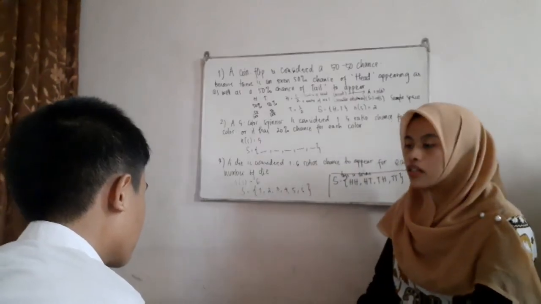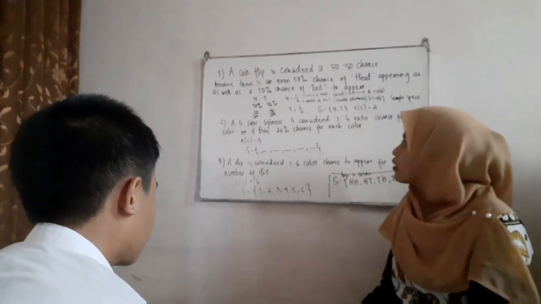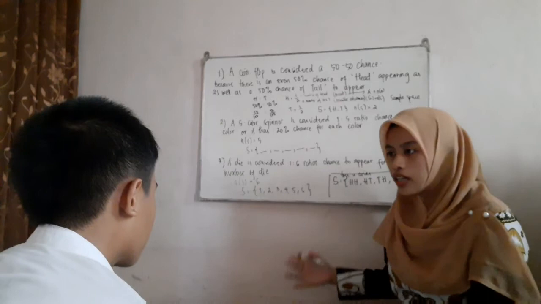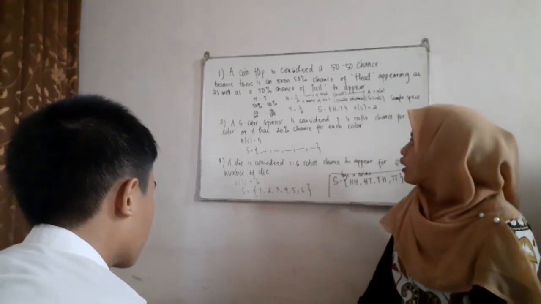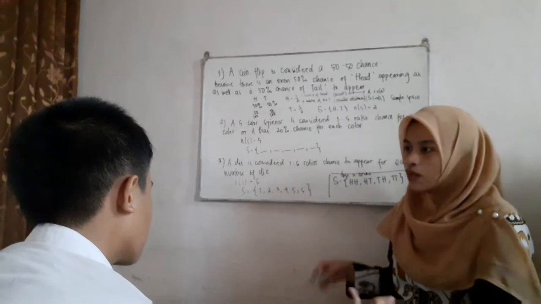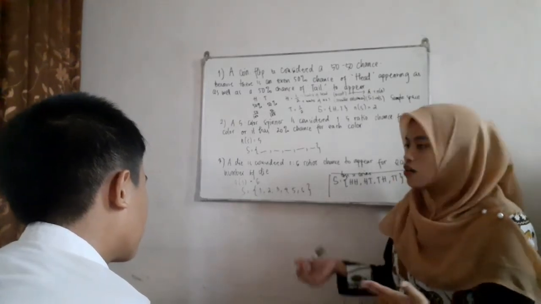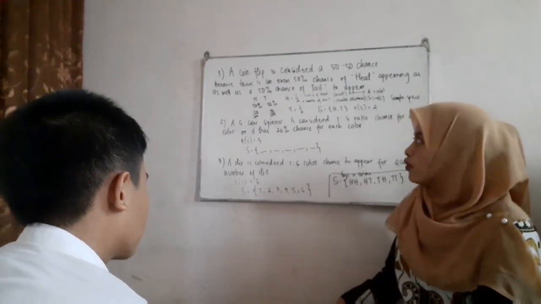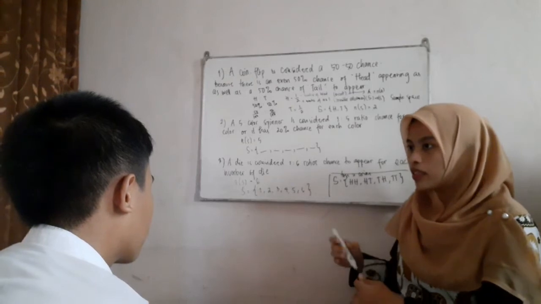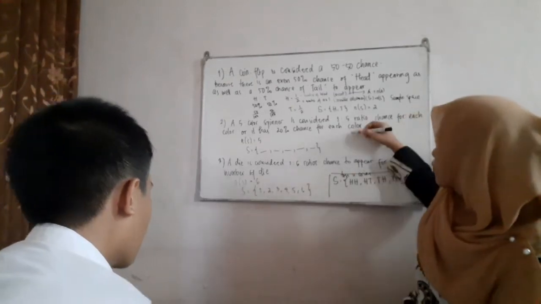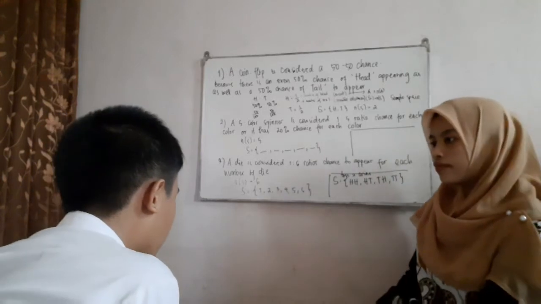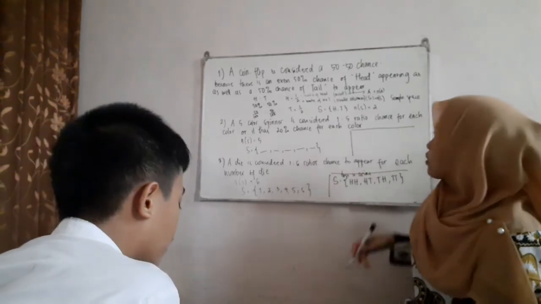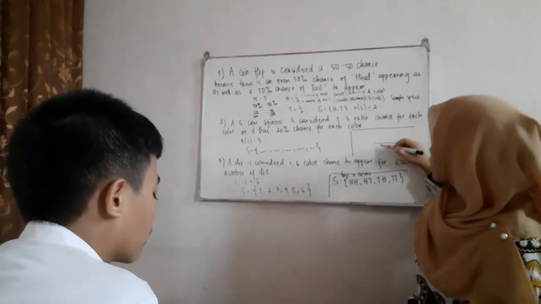Actually, our discussion is all about theoretical probability, and the three statements here also tell you about theoretical probability. So you have learned about what an event is, what possible outcomes are, and how we can determine the sample space. So now, to find the theoretical probability, what will you do? I think to determine a theoretical probability, we need the number of all possible outcomes, Miss. Okay, the number of all possible outcomes.